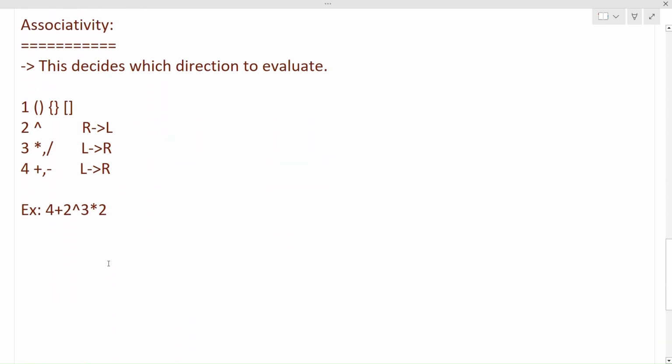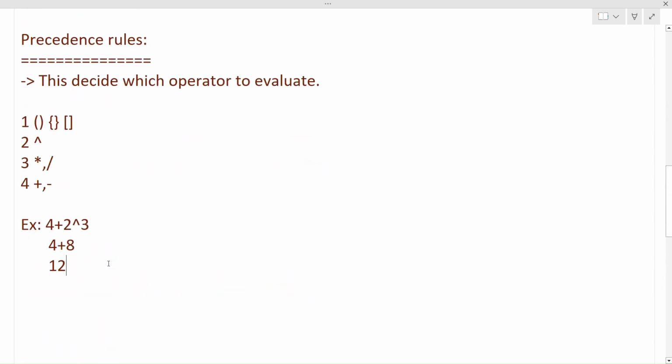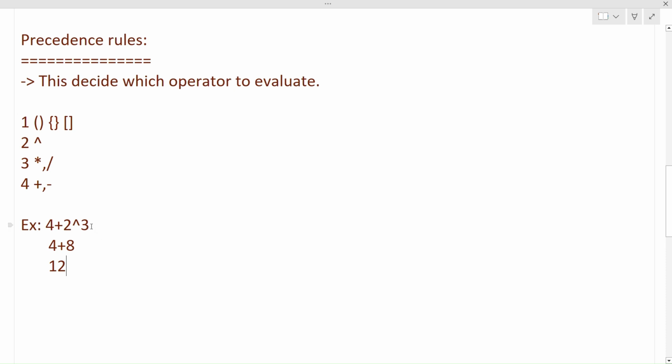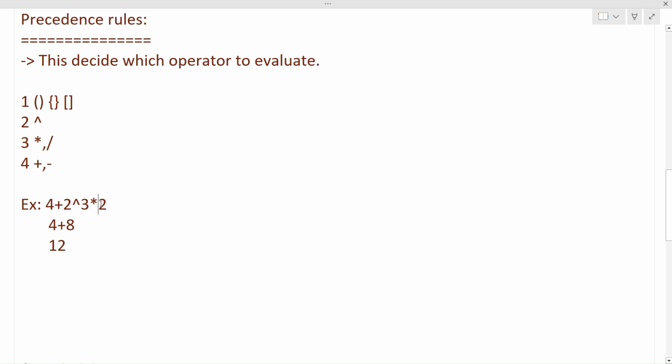Now the next concept is associativity. For example, let's say some other value is there. Let's take minus.